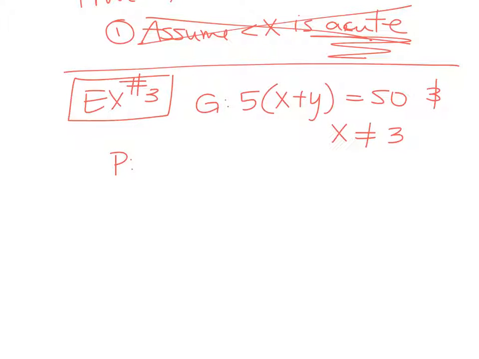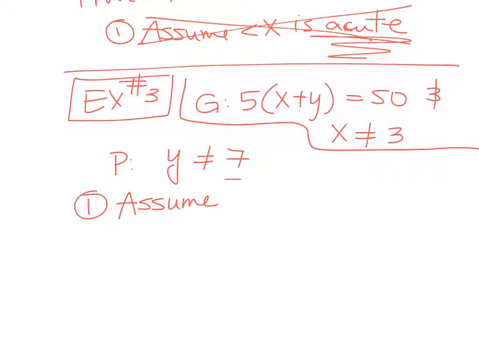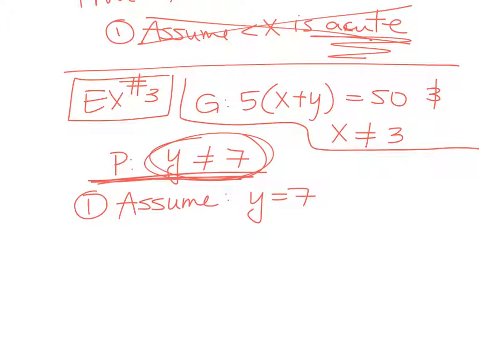We want to prove y does not equal 7. Okay, so if we're going to do a full proof here, step 1 would be what? Assume what? Okay, you don't assume from the given, right? You assume from what they're asking you to prove. So assume y equals 7, right? If they're saying y does not equal 7, you say assume y does equal 7. Okay? So we plug it in.